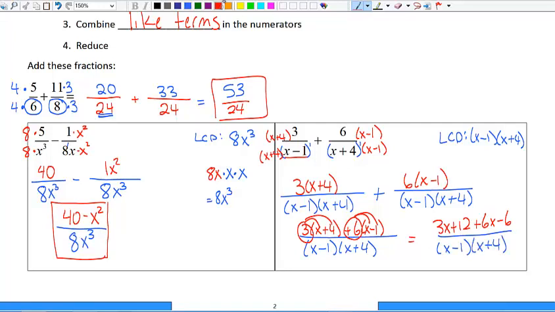And then I can combine like terms in the numerator, 9x plus 6. It looks like that numerator can factor, which gets me 3 times the quantity 3x plus 2.